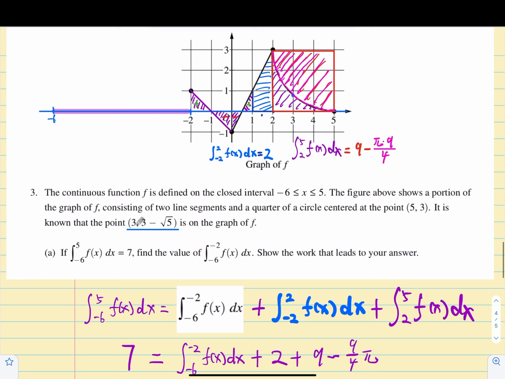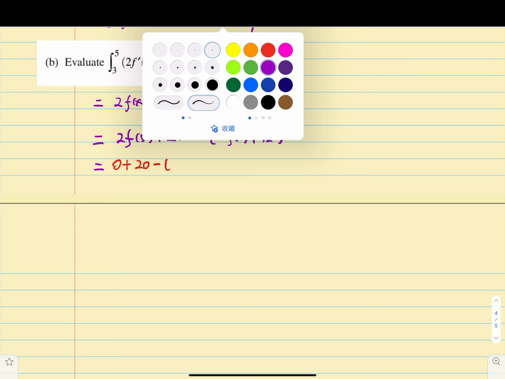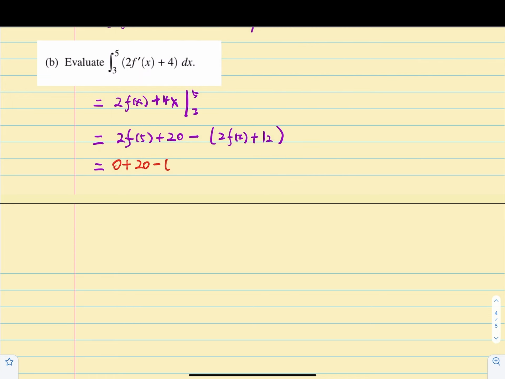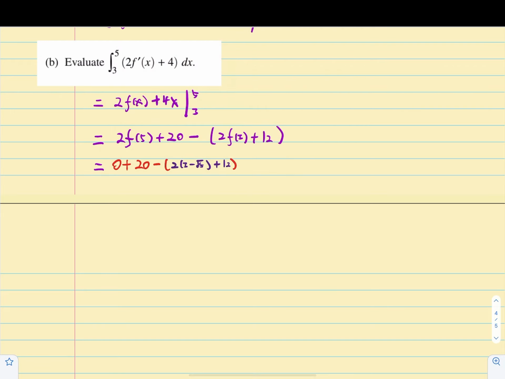And we already know f(3) is 3 minus square root of 5. So this will equal to minus 2 multiplied with 3 minus square root of 5, and plus a 12 inside.